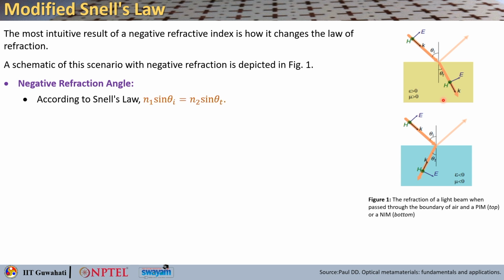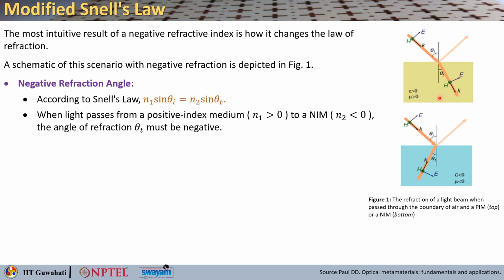But if n2 is negative, theta t is basically minus theta t. To satisfy this equation, because n2 is negative, the angle also has to be negative. That means the refracted light, instead of going in this direction, will be on the same side of the normal.